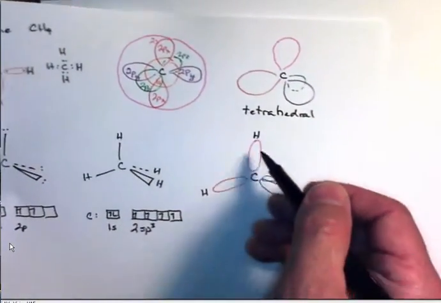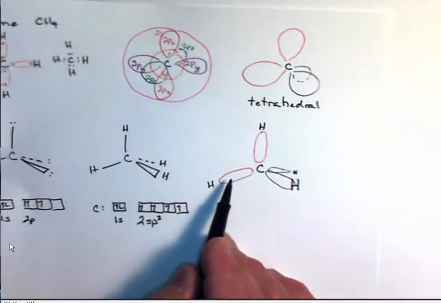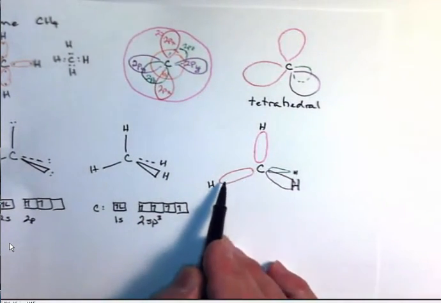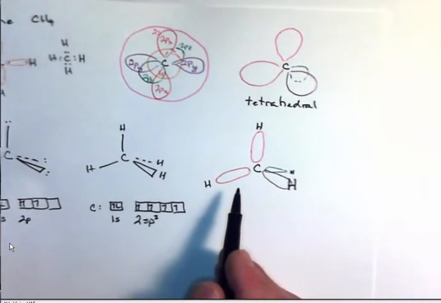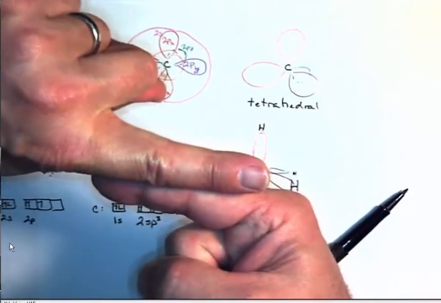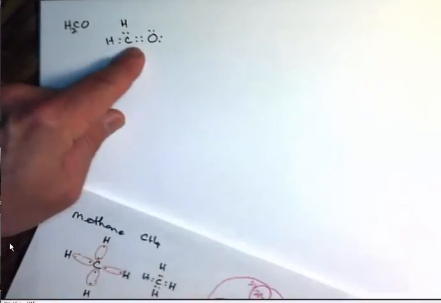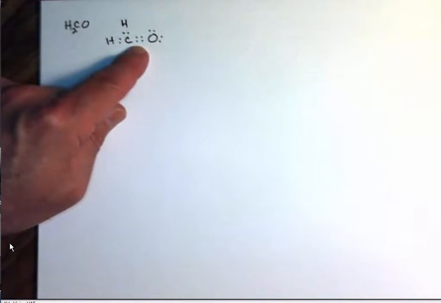Okay? Now, in this hybridization here, all the electrons are in a region directly between the 2 nuclei. We can only get 2 electrons in the same region because they have to have opposite spins. So when we do a double bond like this, we've got to have a bond that has 2 regions separated from each other.